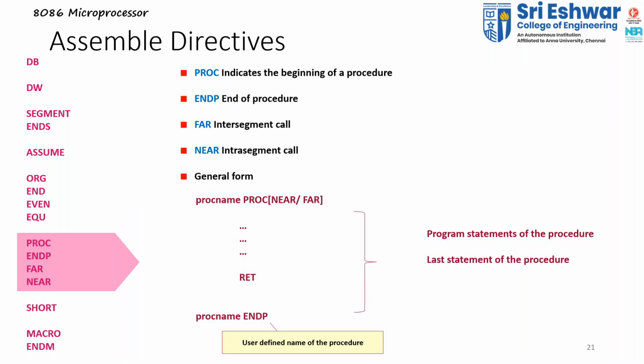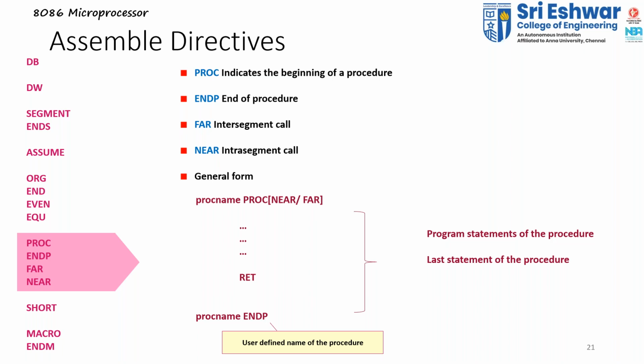Followed by that we have PROC, ENDP, FAR and NEAR. PROC indicates the beginning of the procedure. There are procedures and macros in the 8086 assembler directives. A procedure is like a subroutine, like a program. To end the procedure, I'm going to use ENDP.